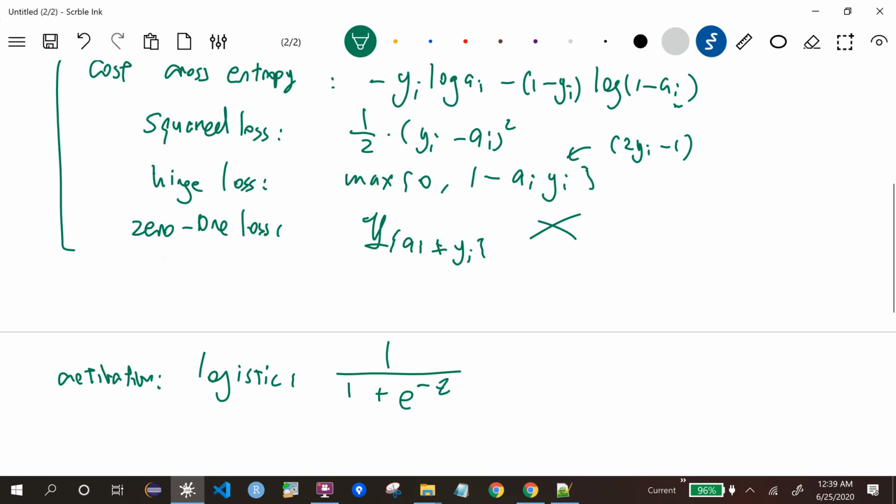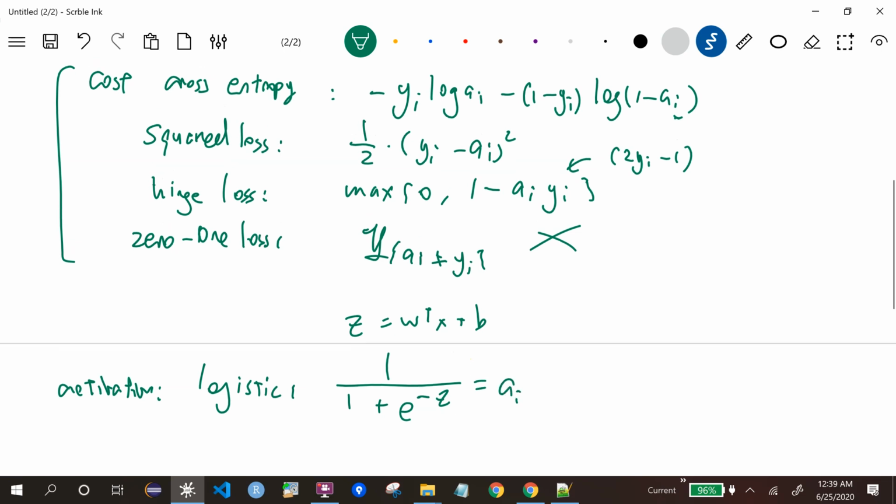And whenever I write z, z is always w transpose x plus b, so I'll not repeat that. That would be our a_i. And then the derivative of a_i with respect to one of these w's is just a_i(1 minus a_i).